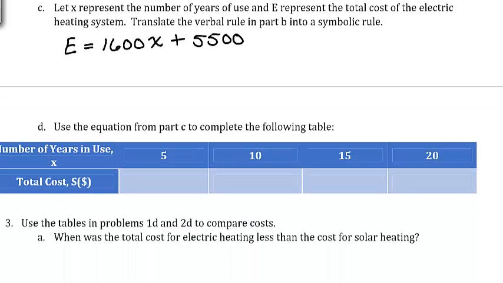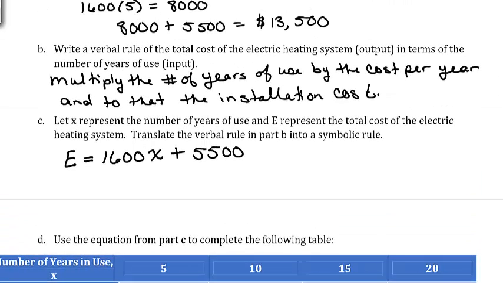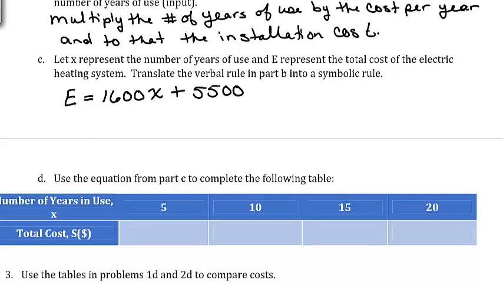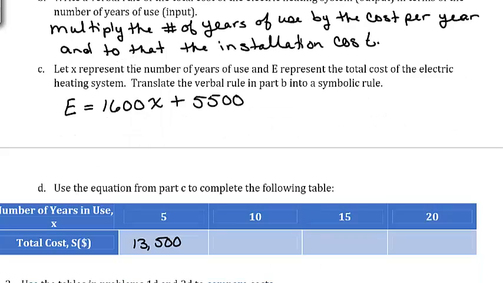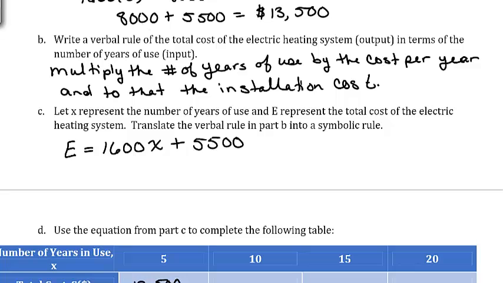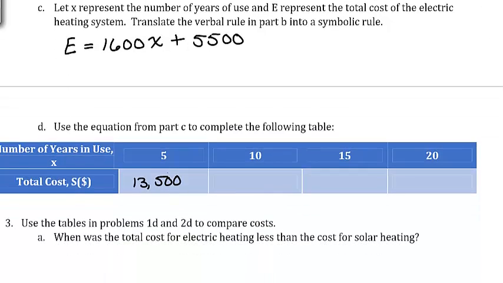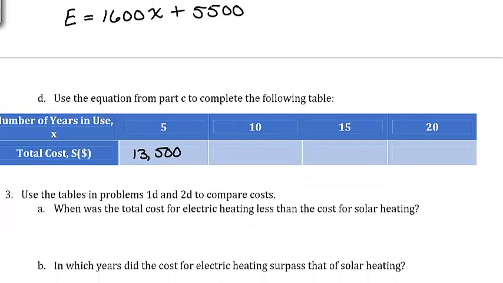And so now we're going to fill in a new table here. And so we already did it for 5 years. That was 13,500. And so again, I'll use my calculator to do it, but the 5-year cost of running this system was $8,000, and so you could just add that on each time, and that would fill in the table for you as well.